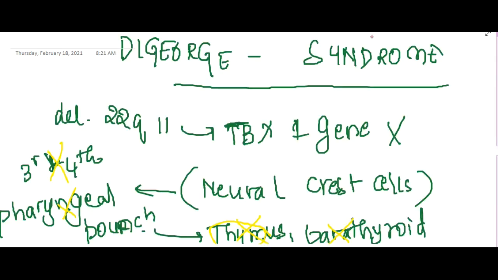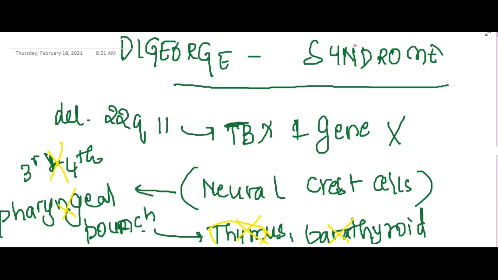So the next combined immunodeficiency is DiGeorge syndrome. Here there is a microdeletion on chromosome 22q11. Normally this 22q11 is responsible for the TBX1 gene, so because of this deletion of 22q11, the TBX1 gene is defective.